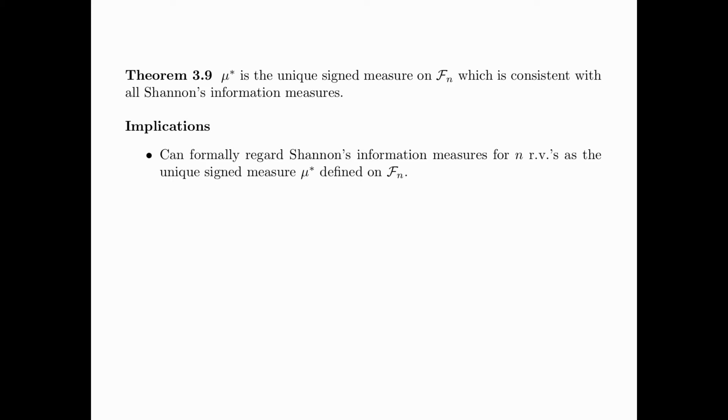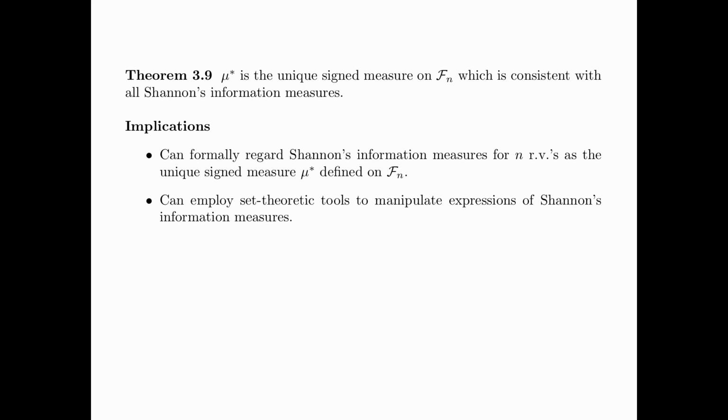Because of this theorem, we can formally regard Shannon's information measures for n random variables as the unique signed measure μ* defined on the field F_n. A consequence is that we can employ set theoretic tools to manipulate expressions of Shannon's information measures.